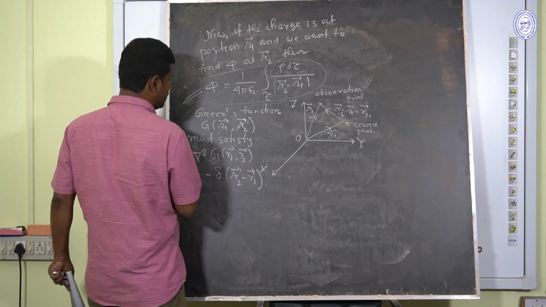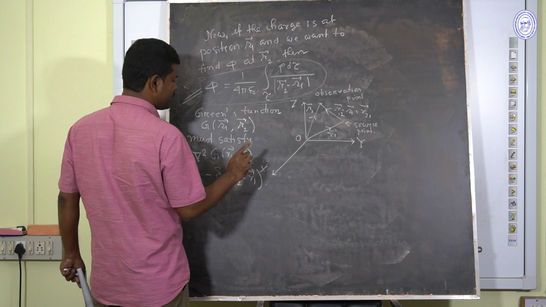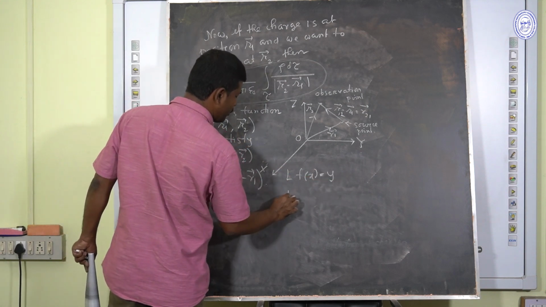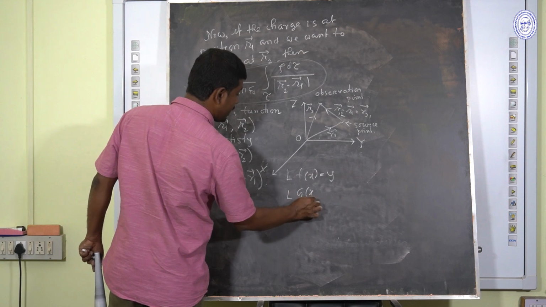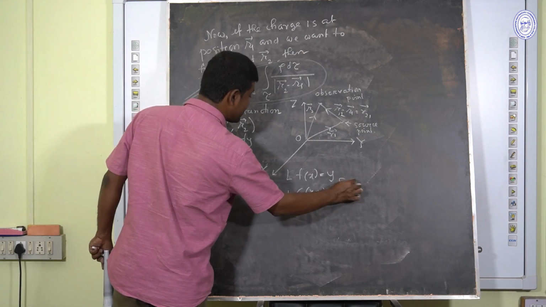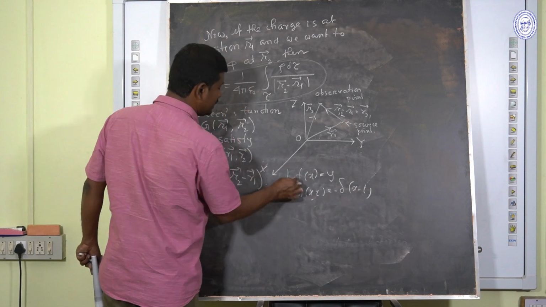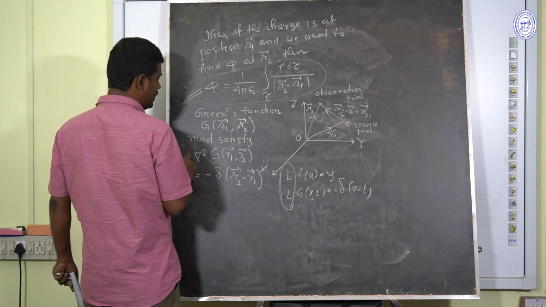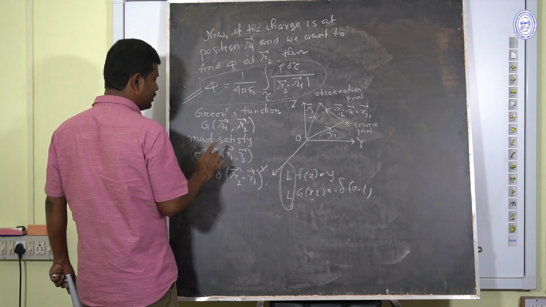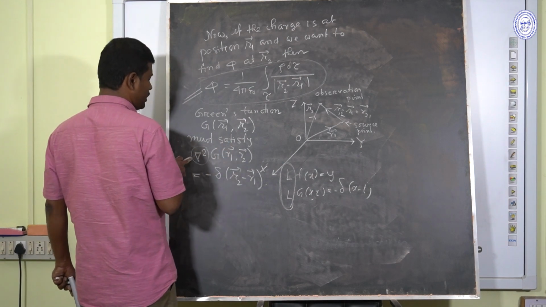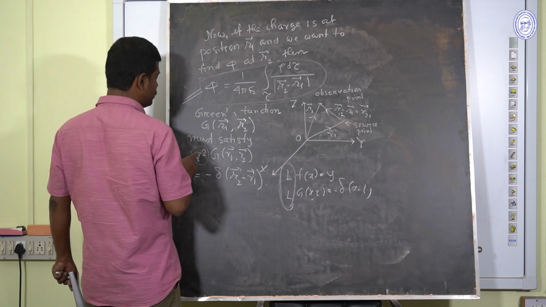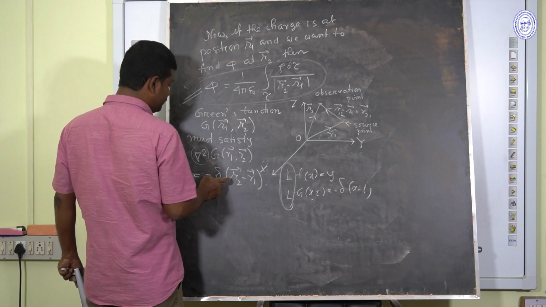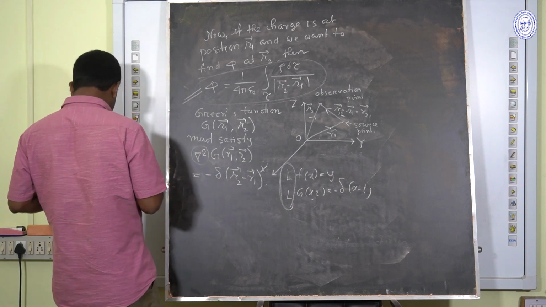Previously we have shown that if L f of x equals y of x, then the Laplacian operator of G of x comma t equals minus delta of x comma t. So these two operators are the same. In Poisson's equation we have the Laplacian operator in place of L. We have the Laplacian operator as a differential operator. So the Laplacian operator of G R1 R2 will be minus delta R2 minus R1.